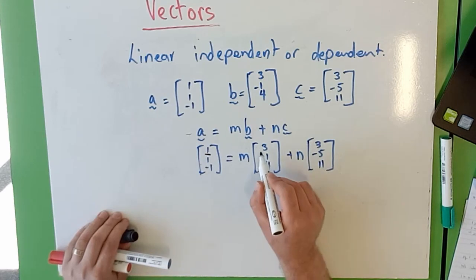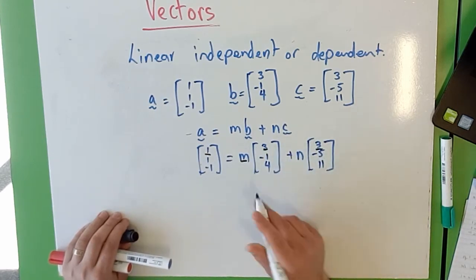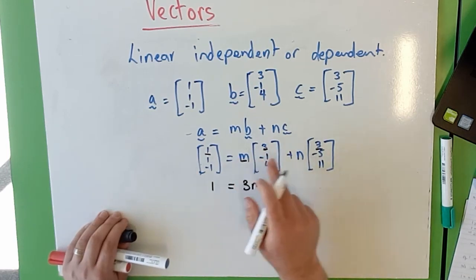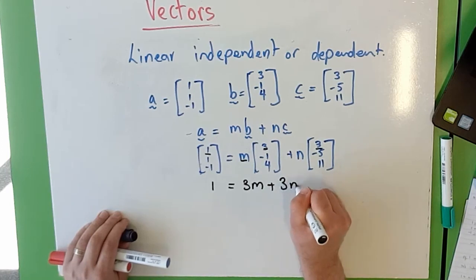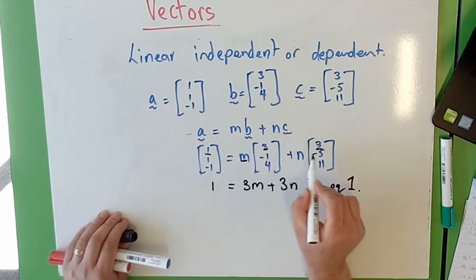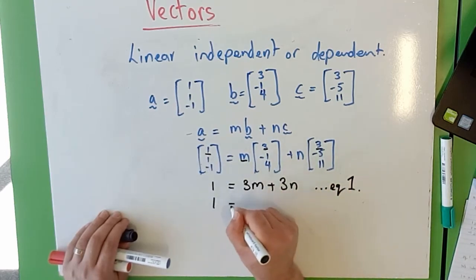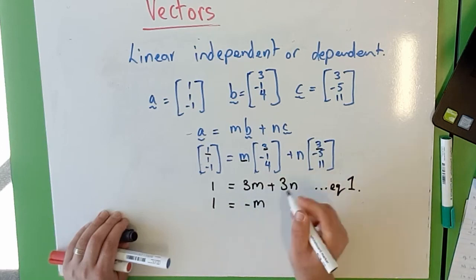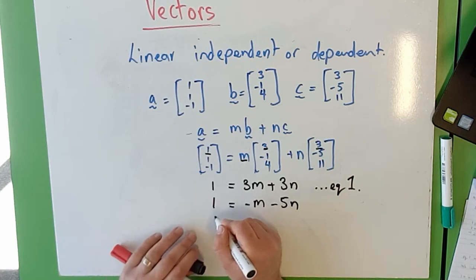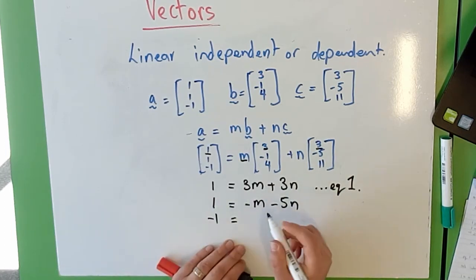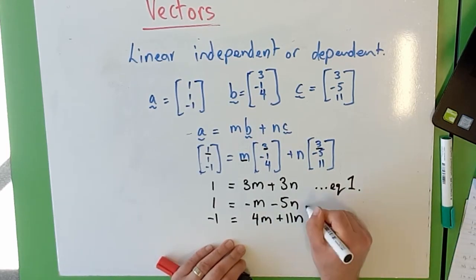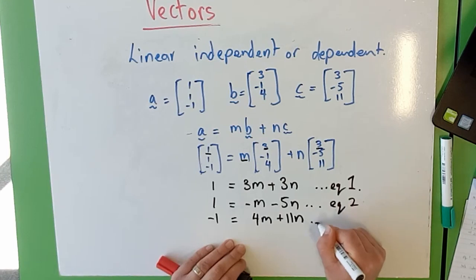I'll take the top of each line: 1 equals 3M plus 3N. That's my equation 1. Equation 2, the second row: 1 equals negative M minus 5N. And lastly, negative 1 equals 4M plus 11N. This is equation 3.